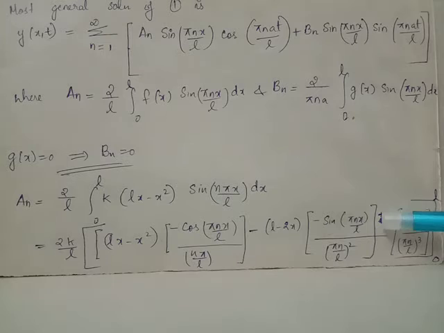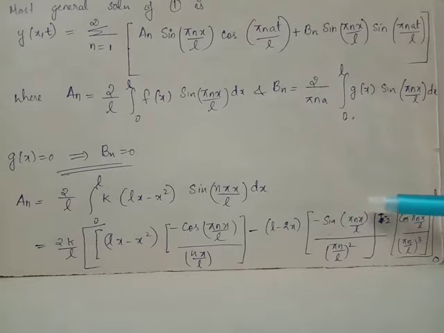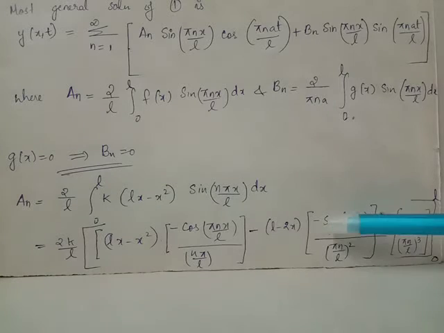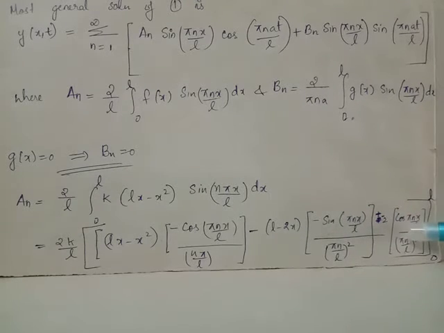The next term will be positive and we have to write the derivative of l minus 2x with respect to x, which is negative 2, and this term is obtained by integrating this expression. We have the integral of sin(pi n x by L) equals negative cos(pi n x by L) divided by n pi by L. We have this negative sign, and the negative sign which comes after integrating sin(pi n x by L) becomes positive here.